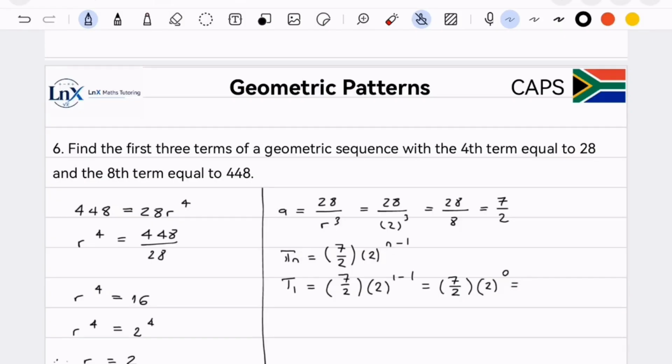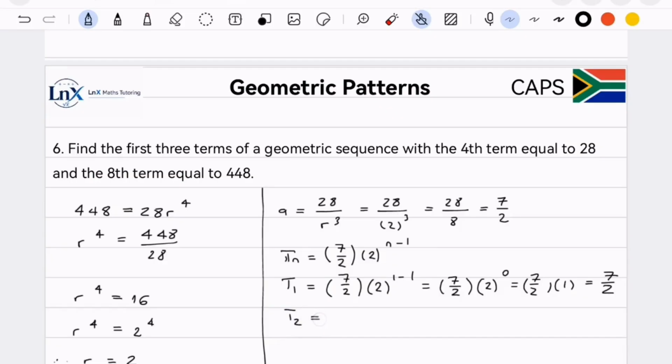So 2 to the power of 0 is 1, right? So 7 over 2 multiplied by 1 will give us 7 over 2, right? So anyway, A is equal to the first term. So yes, let's go to the second term.